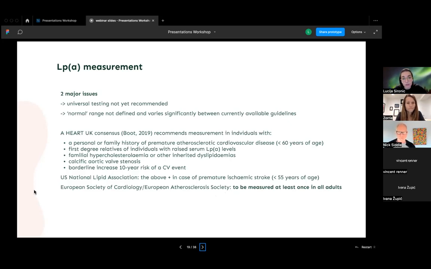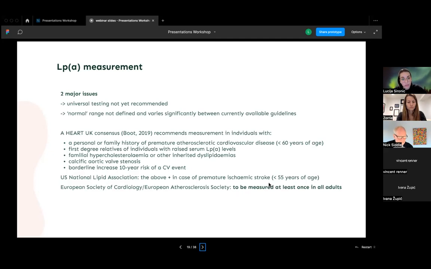Also in those whose first degree relatives had raised lipoprotein A levels, as you can see in familial hypercholesterolemia, aortic valve stenosis, and borderline CV risk. The US guidelines are similar to the UK ones, but they've added that it should also be considered in the case of premature ischemic strokes.